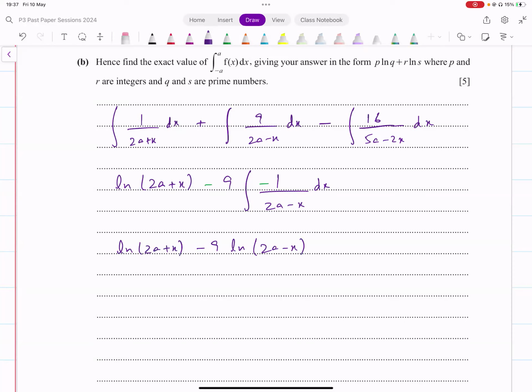What about the last one now? 5a minus 2x. What's the derivative of 5a minus 2x? Derivative of 5a is still 0. Derivative of minus 2x is minus 2. We want minus 2 in the numerator. Let's write 16 outside first of all. Inside we're left with 1 over 5a minus 2x.